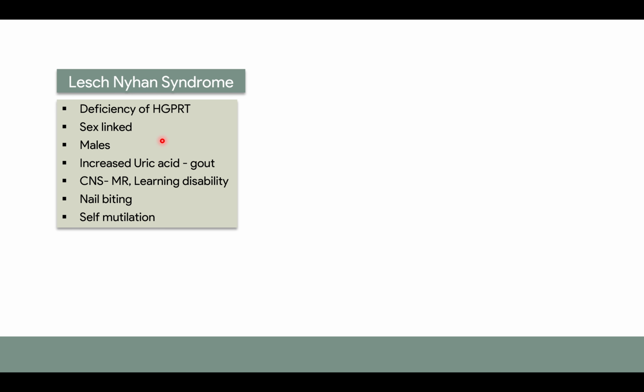Since there is no conversion of guanine to GMP and PRPP is not utilized, there is increased uric acid in patients of Lesch-Nyhan syndrome, which leads to gout. These patients also have mental retardation and learning disability, and have a tendency to bite themselves, which is called self-mutilation.